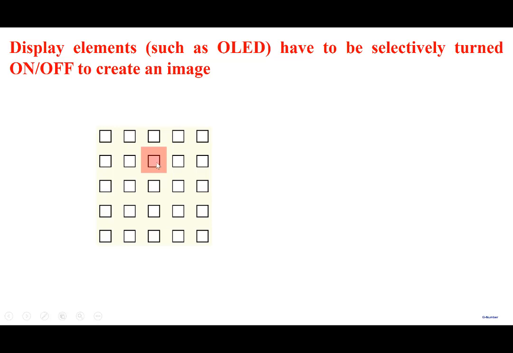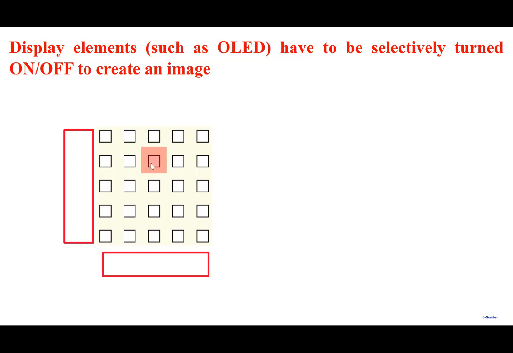So if we focus on this LED, now note that to turn this particular LED on, we'll have to pass current. Right, and we need at least a pair of electrodes, one wire, let's say, coming from here, the other wire coming from here, and LED is a two-terminal device. So on the display we have all these LEDs, but we must have wires running to circuits outside here on the left and bottom, and maybe on the right also.